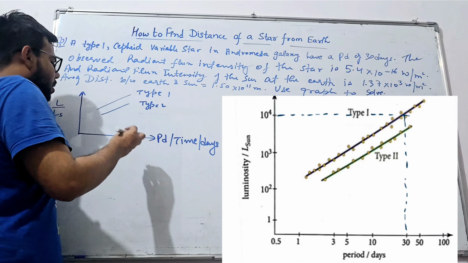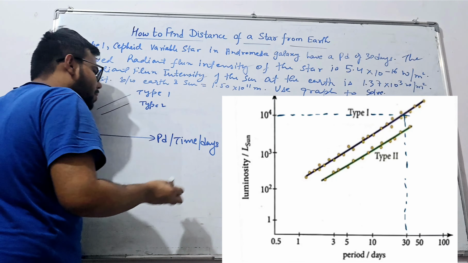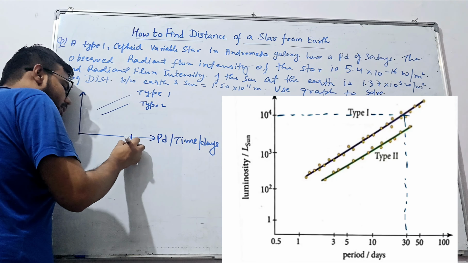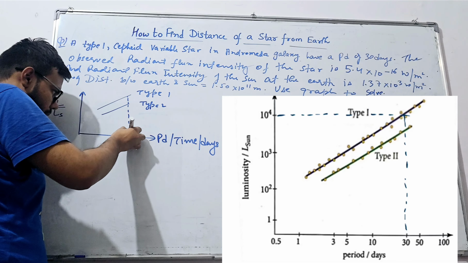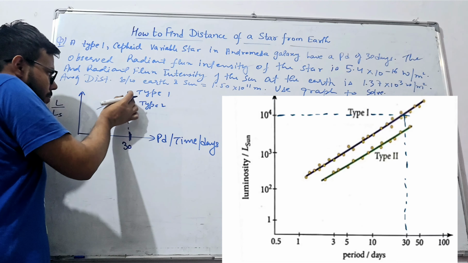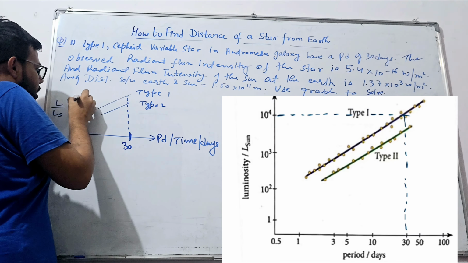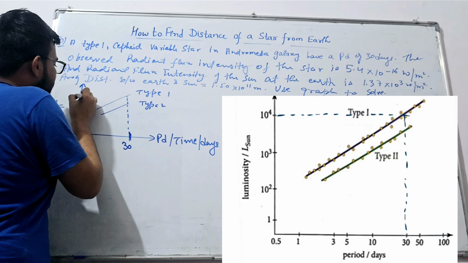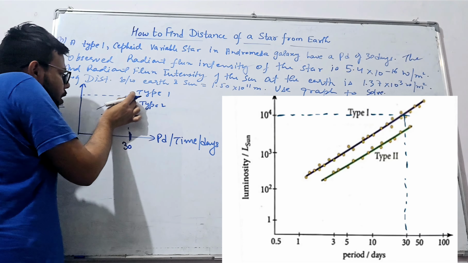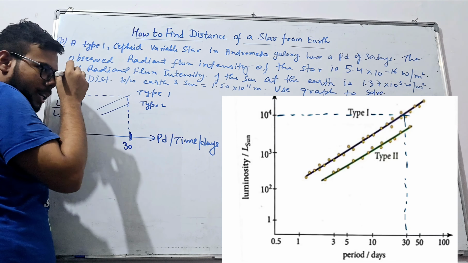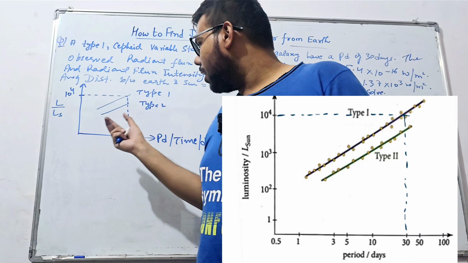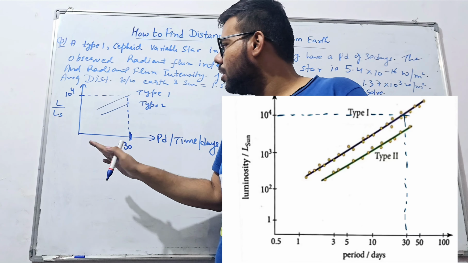So in the given graph for time period 30, you have this point. Let me make it a. And corresponding to this point, you have over here 10^4, right? And it is data which is available in the labs.